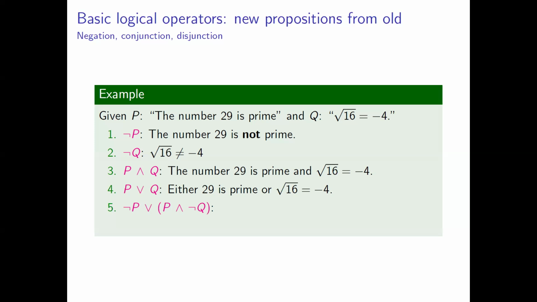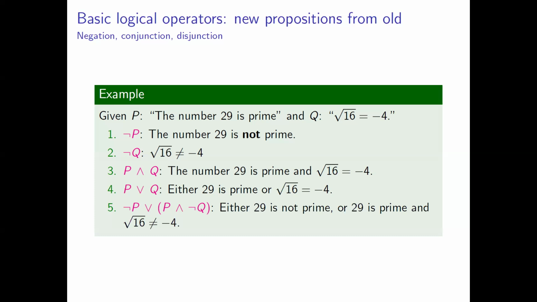In this propositional form, the conjunction P and not Q is inside grouping symbols and thus is taken to be a single statement. We then read this as the disjunction of the statement not P and the statement P and not Q. The corresponding proposition is the number 29 is not prime or the number 29 is prime and the principal square root of 16 is not equal to -4.